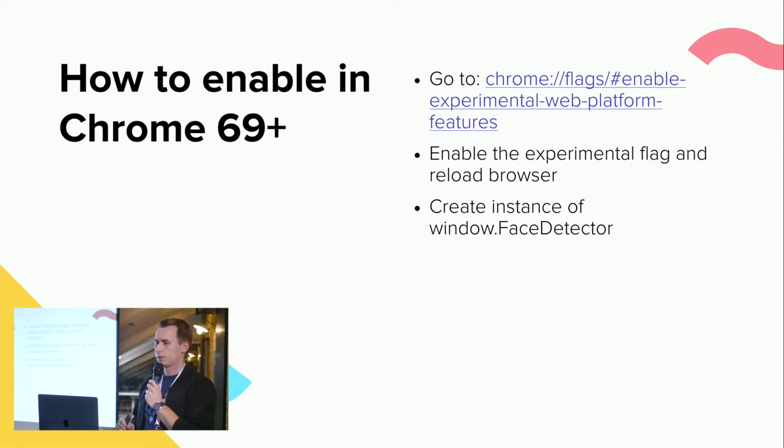So in Chrome 69 plus, that's the version of the browser that I tested, you need to enable this shape detection API because it's an experimental API. You need to go to the Chrome flags, enable the experimental web platform features, reload your browser, and you will get access to the FaceDetector interface.